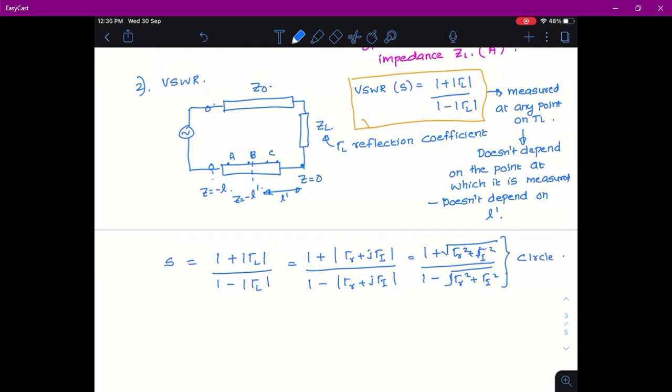I am not deriving that. So it comes more or like a circle, and it doesn't depend on the length of the transmission line.